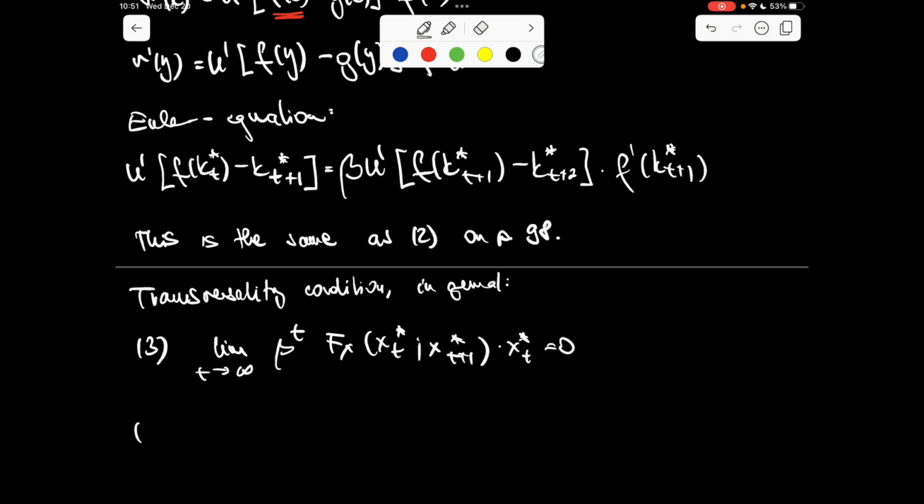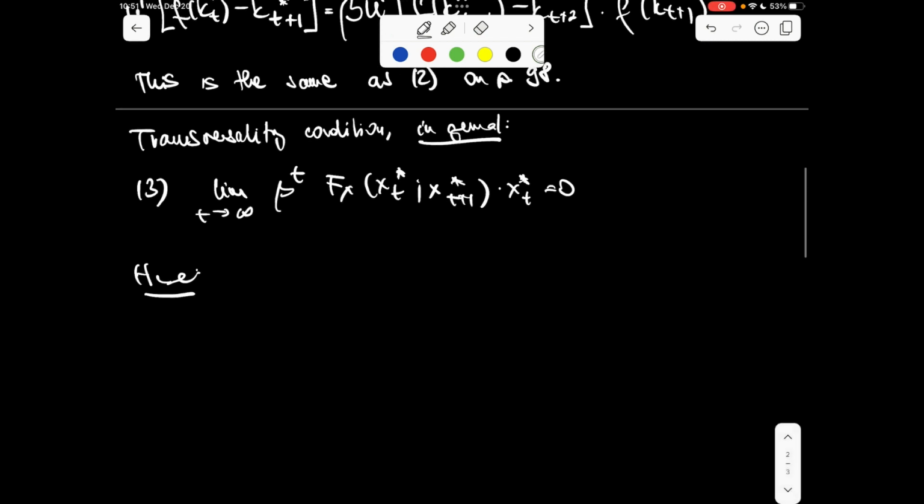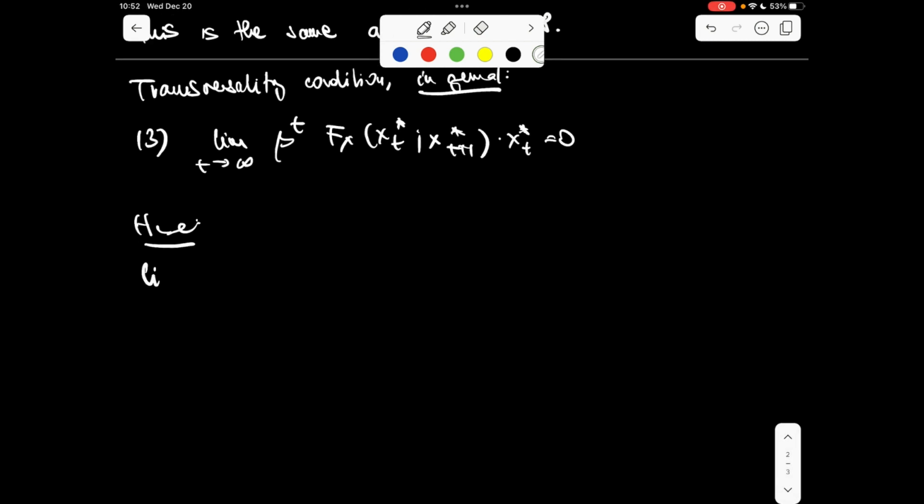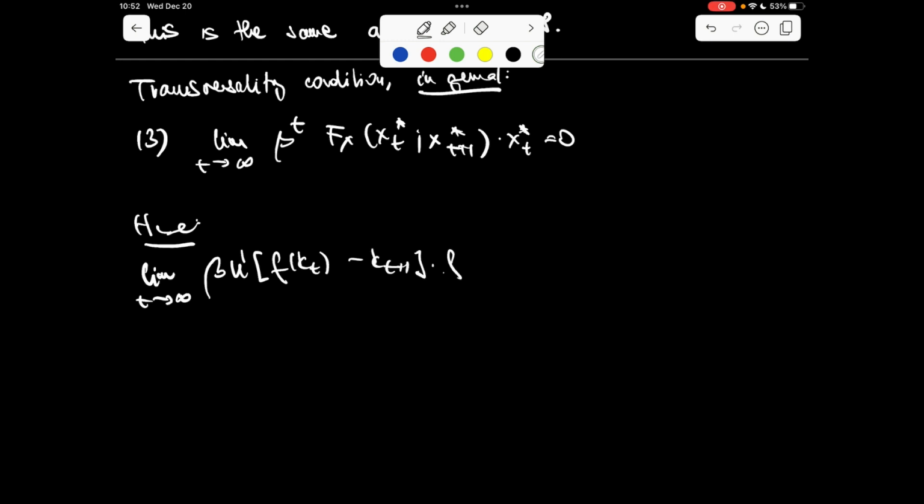Here, this is, so for the optimum path, it should be 0.